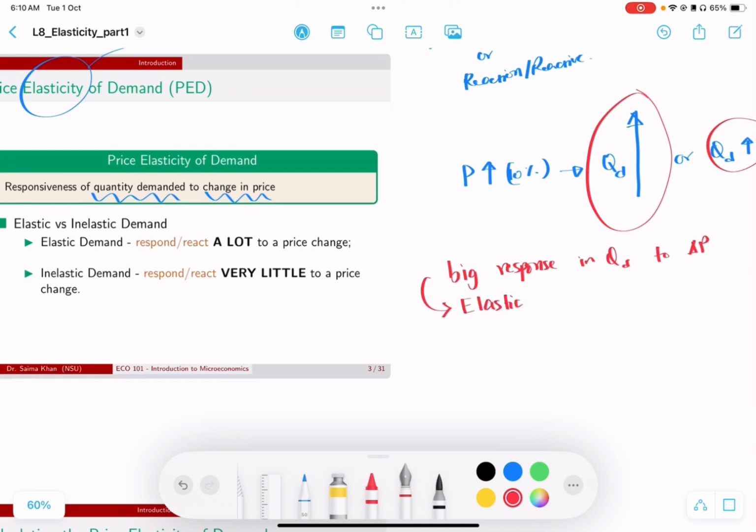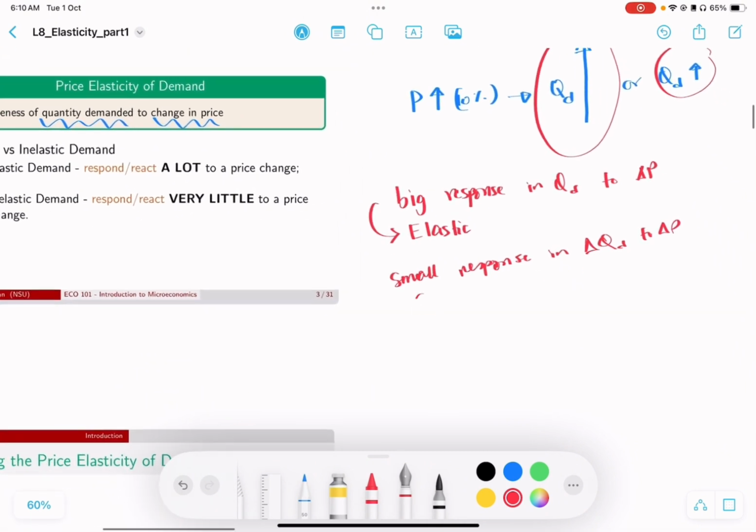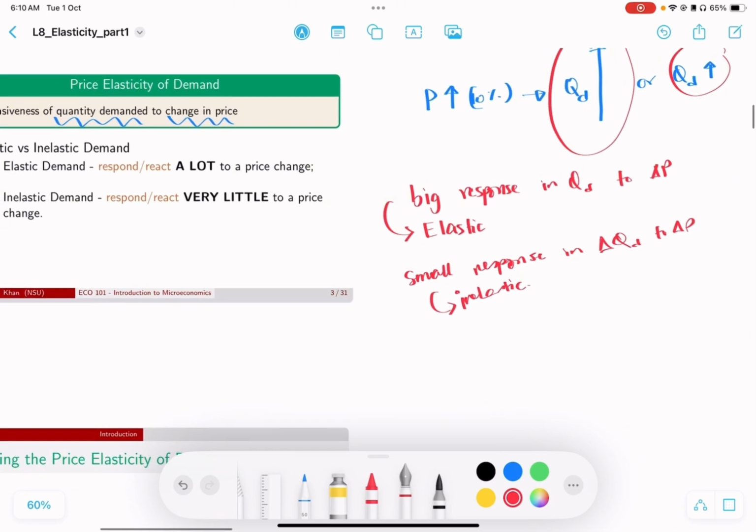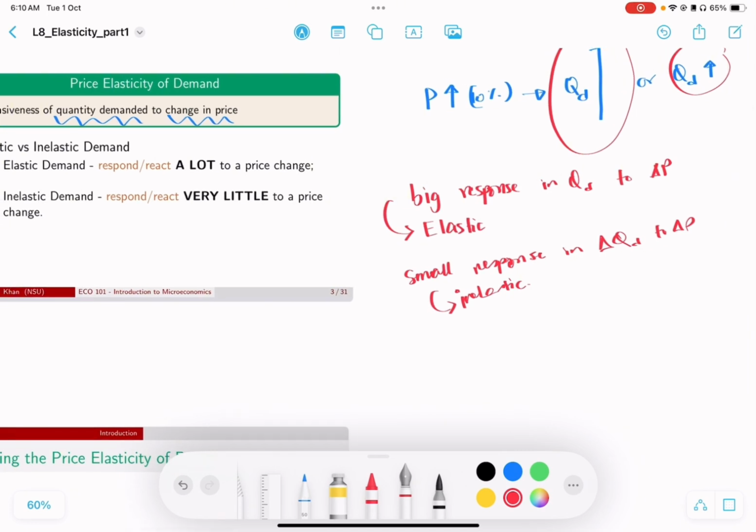On the other hand, when there's a small response in change in quantity demanded due to change in price, then we say it is inelastic. So the bottom line is if it's very responsive, if it reacts a lot to a change in price, then we say it is elastic, very responsive.